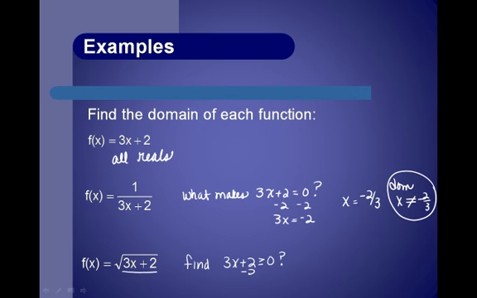So we could subtract 2 from both sides, so we get 3x is greater than or equal to negative 2. Dividing both sides by 3 gives us x is greater than or equal to negative 2/3. So that would be our domain for this one.